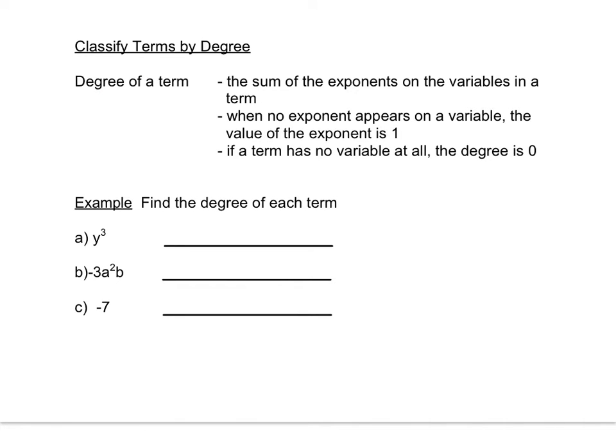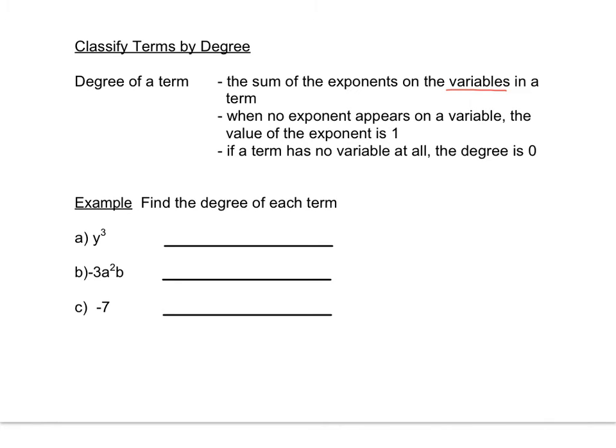The degree of a term is the sum of the exponents on the variables in a term. So in one term, we look at the term and take the sum of the exponents on the variables. I'm going to underline variables because it's not about the coefficients.